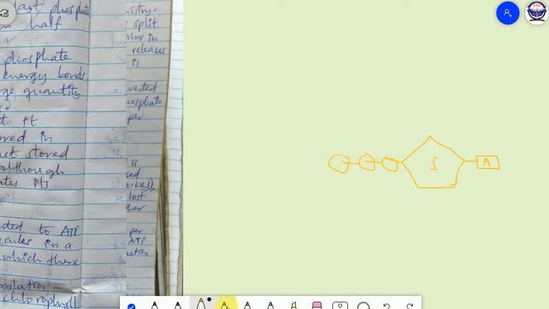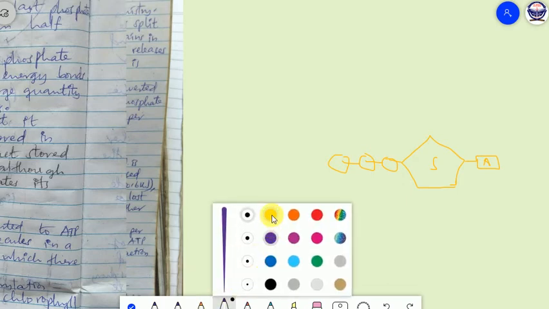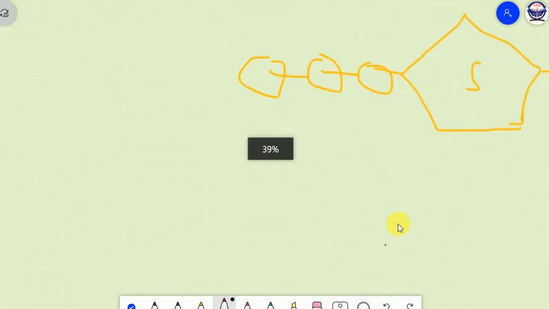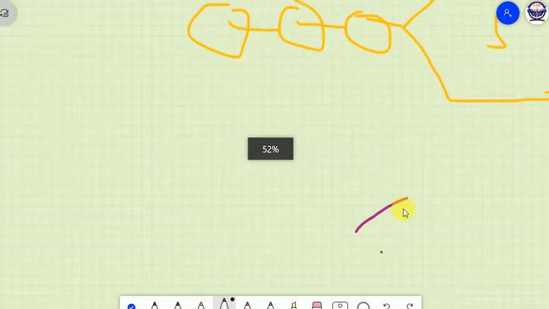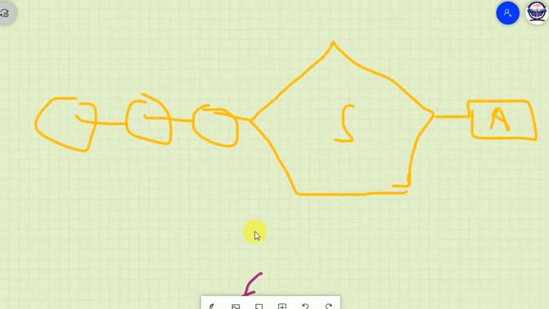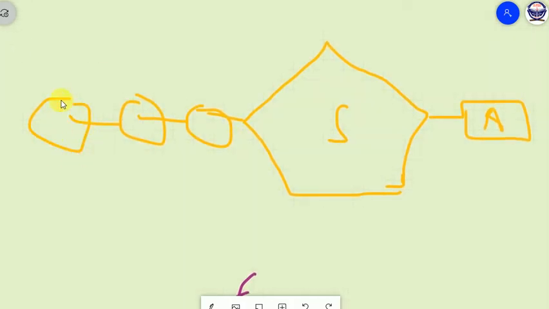I want to illustrate what I am explaining here. From our molecule we have three phosphates. We have the first, the second, the third, or we can start from peripheral, the first, the second, the third.